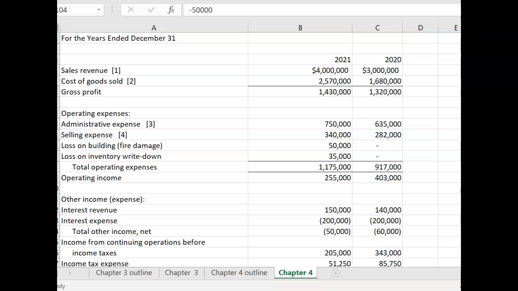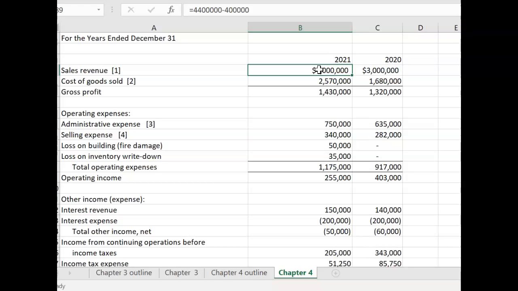So we're going to start out with sales revenue. The total sales revenue was $4.4 million. Now we know from information given to us in the problem, the income statement accounts given to us include all income, including the discontinued component unit that we will use to calculate the discontinued operations.